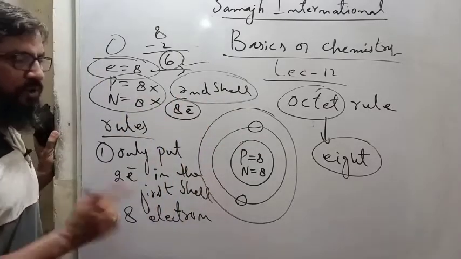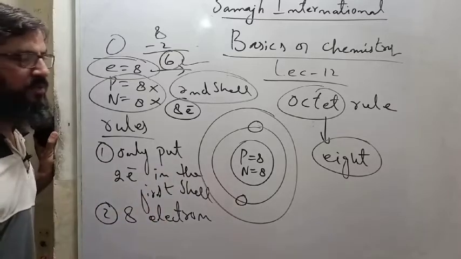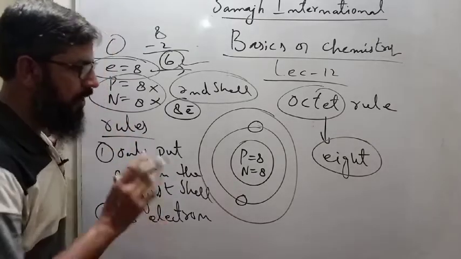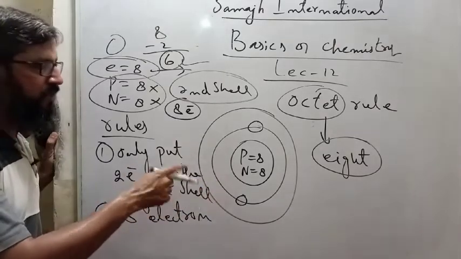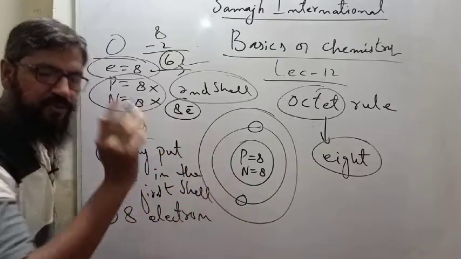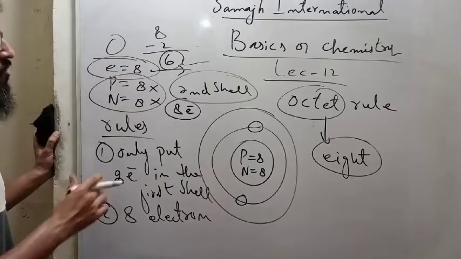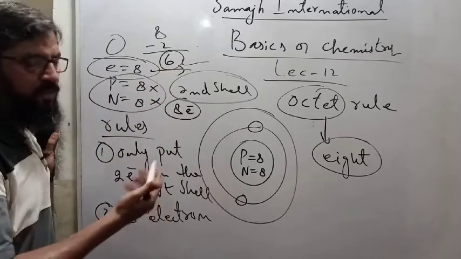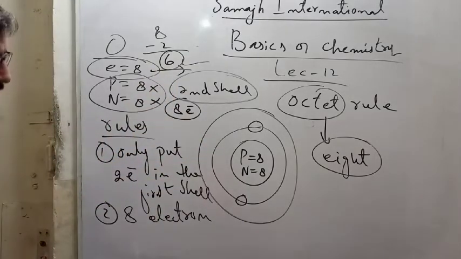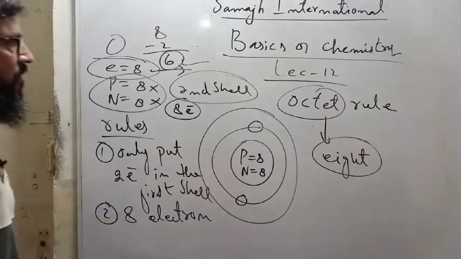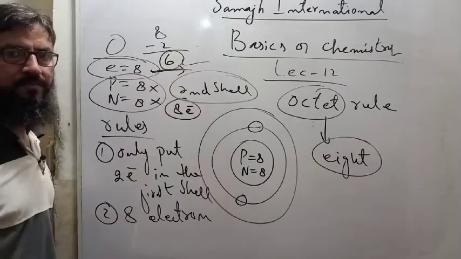Got it? Only in the first shell it is compulsory to keep only 2 electrons. Other than the first shell, you can keep 8 electrons. But now you have only 6 electrons remaining, so you will have to place only these 6 electrons. But how can you place these 6 electrons?